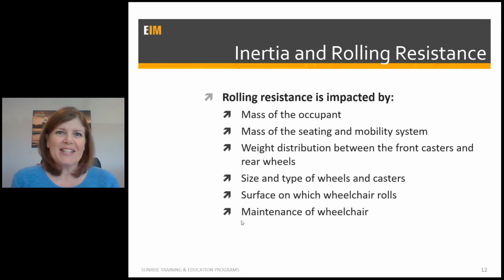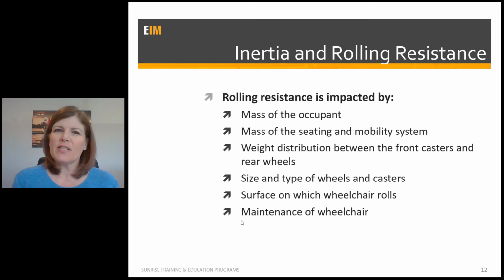The first one is the mass or the weight of the individual user. As therapists, that's beyond our scope of practice, but it is something to bear in mind. Obviously, a heavier weight individual will have a higher rolling resistance, all things being equal, compared to a lighter weight individual.